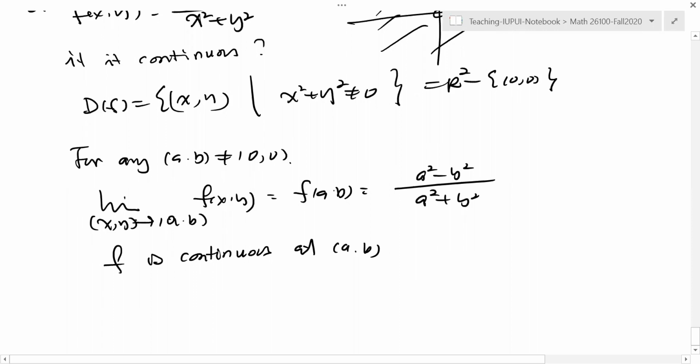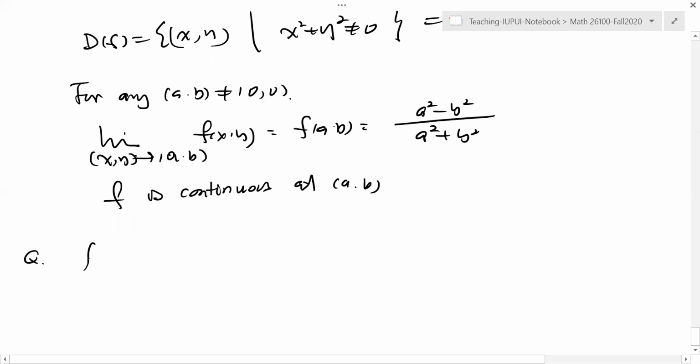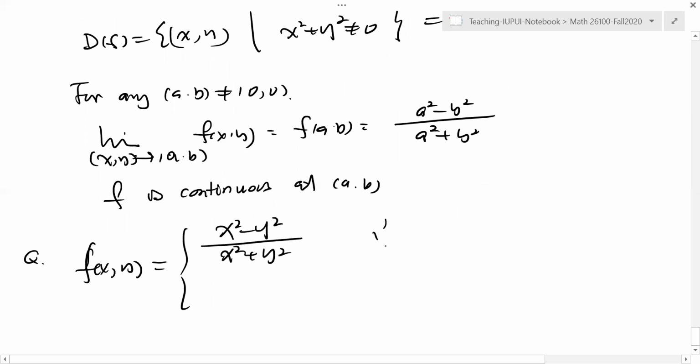Is the function continuous at the origin? You cannot say anything, because the first condition is that the function must be defined at that point. It's not defined. But I can make the function defined. If x squared plus y squared is not 0, use the formula; when it's 0, assign any value.